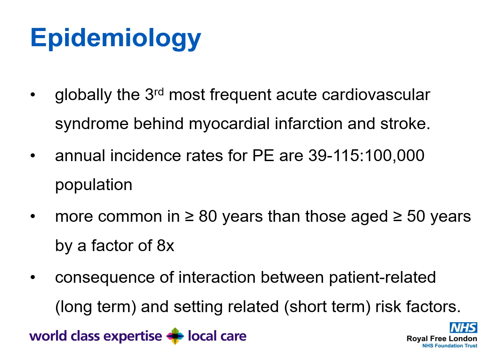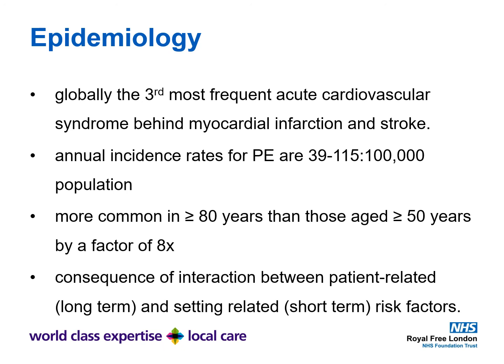So, pulmonary embolism is globally the third most frequent acute cardiovascular syndrome behind myocardial infarction and stroke. The annual incident rates for pulmonary embolism are between 39 to 115 per 100,000 of the population, and that's a global annual incident rate.